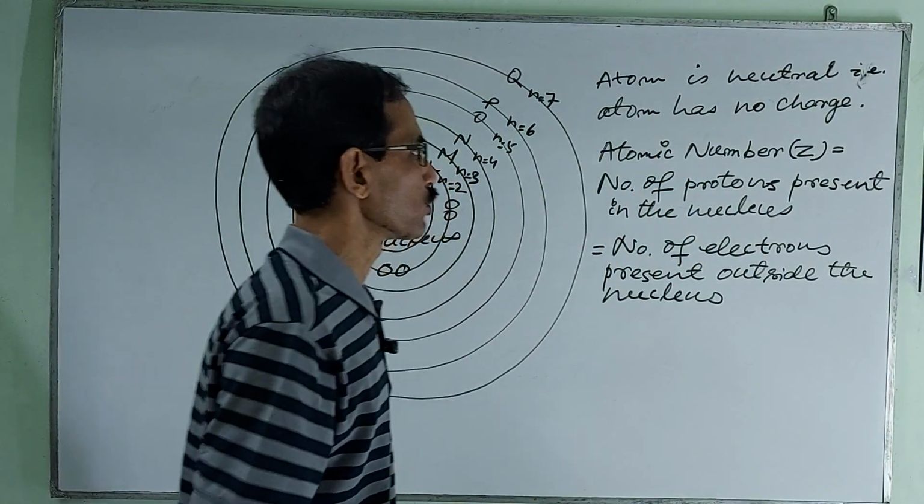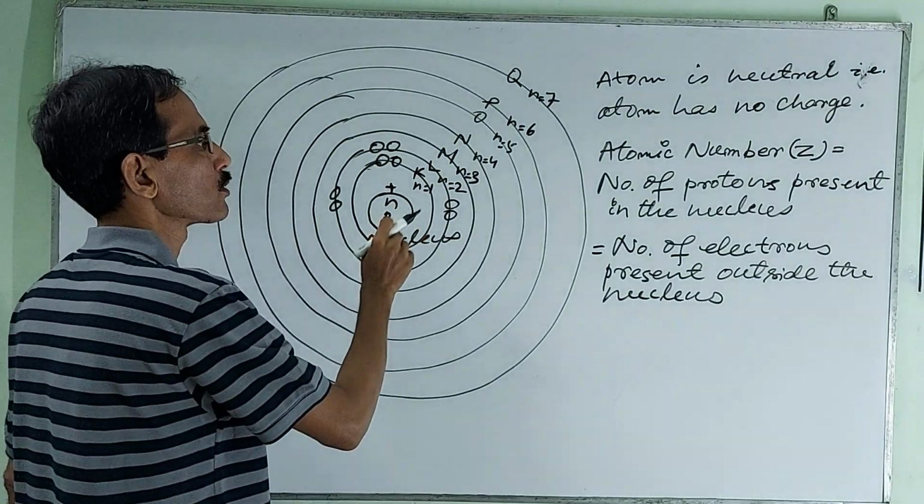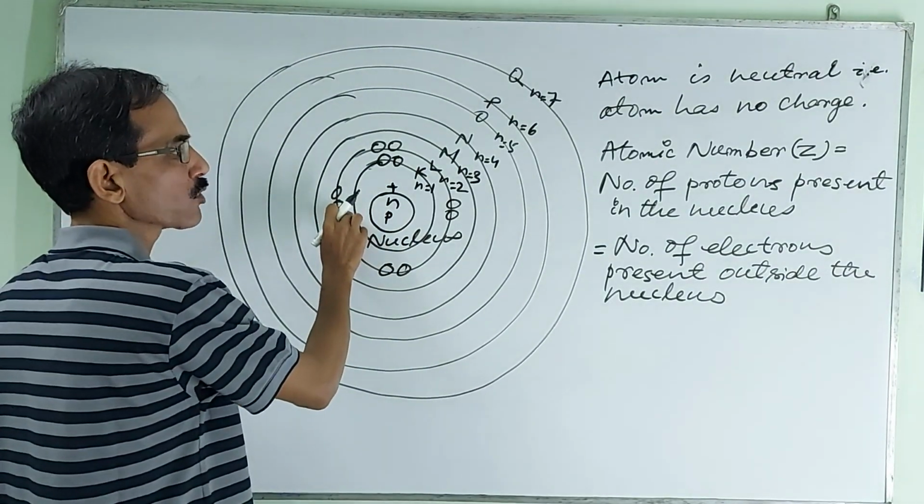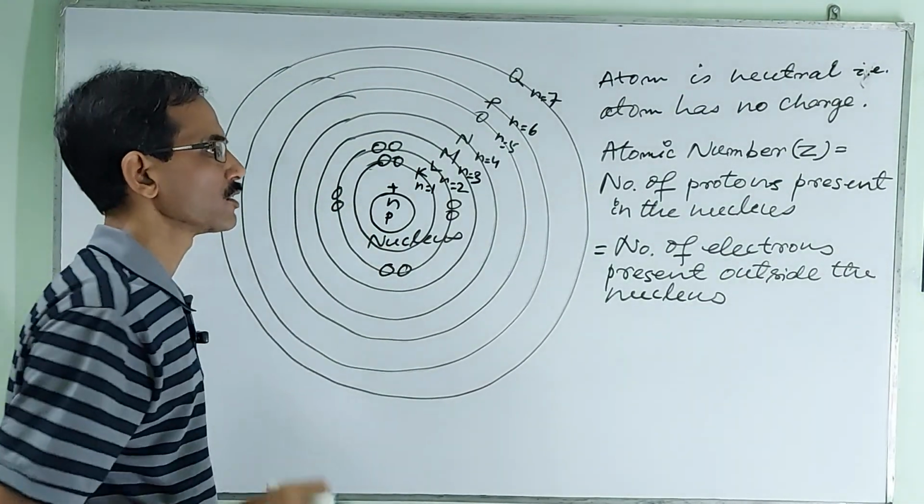So atomic number Z is equal to the number of protons present in the nucleus, which is equal to the number of electrons present outside the nucleus.